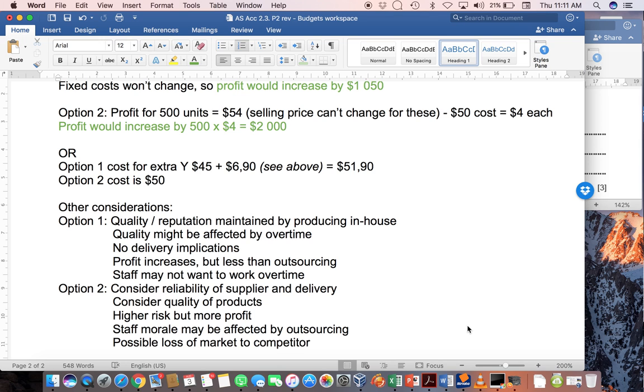And you need to show this in your explanation as part of your evaluation, because it's not only costs that you want to look at. Option 2 is certainly nicer based on costs. However, option 1, by making it yourself, it means you're able to maintain your quality and your reputation.